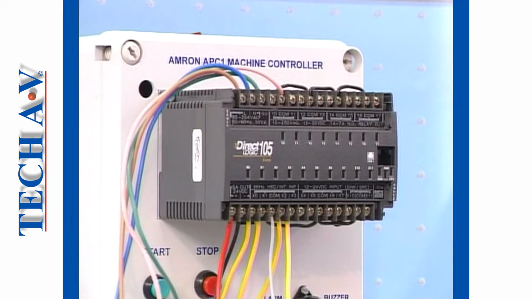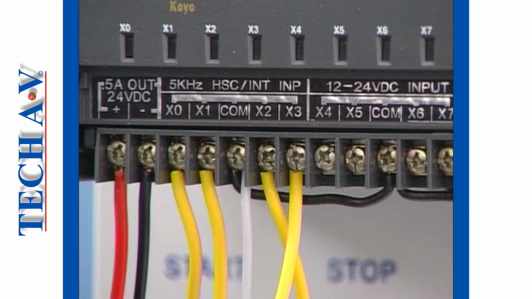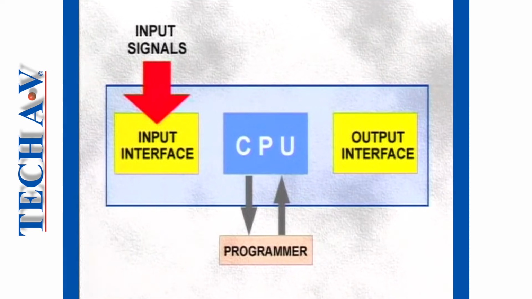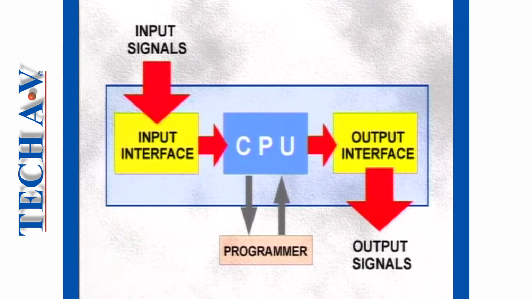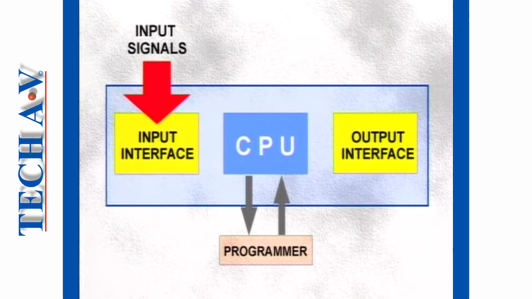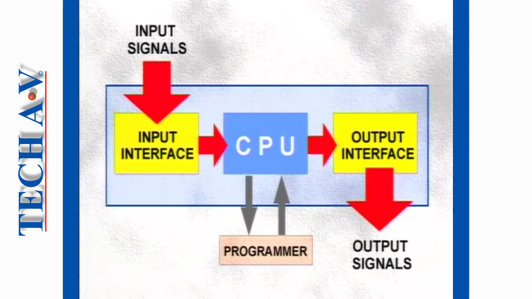Let's begin this session with a brief review of the key points we discussed in Module 3 of this series. Firstly, we explained how the PLC communicates with the external devices through its input and output interface circuitry.